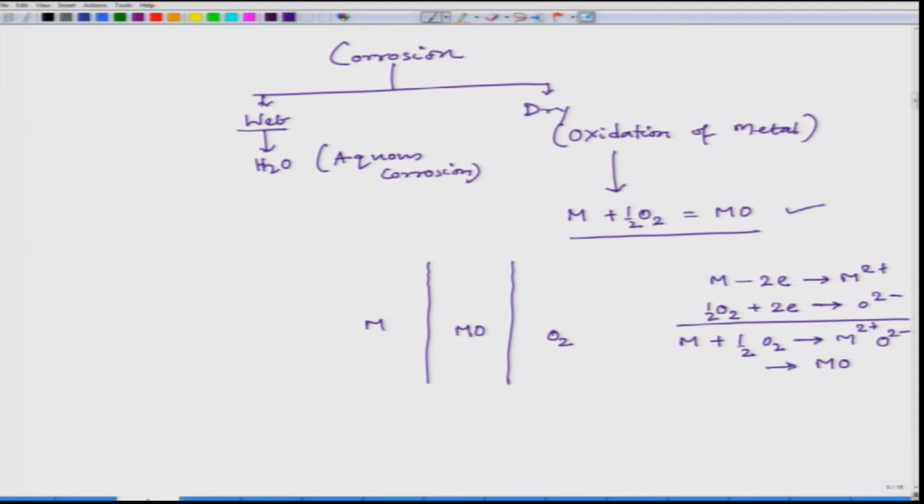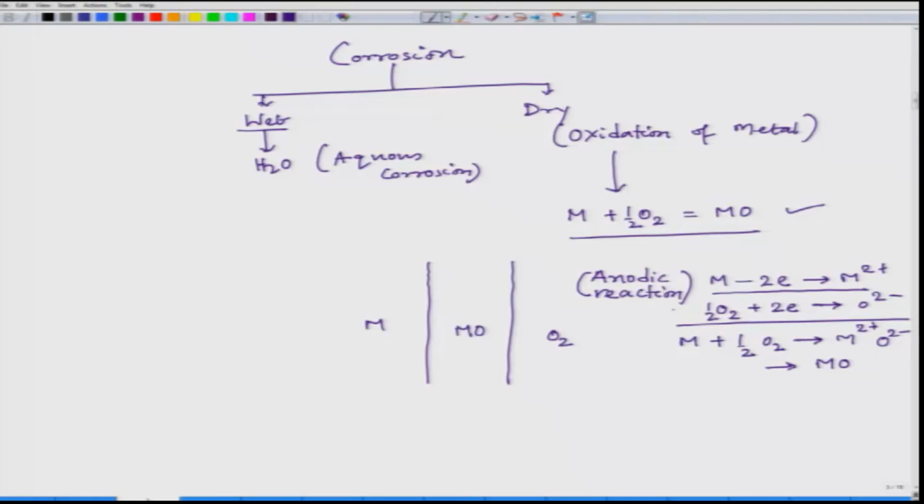Now, interesting, let us look at this carefully. What is this reaction? This reaction is nothing but the anodic reaction, because the metal atom is leaving 2 electrons. It is basically oxidation taking place: when the metal leaves electrons, we call it oxidation.